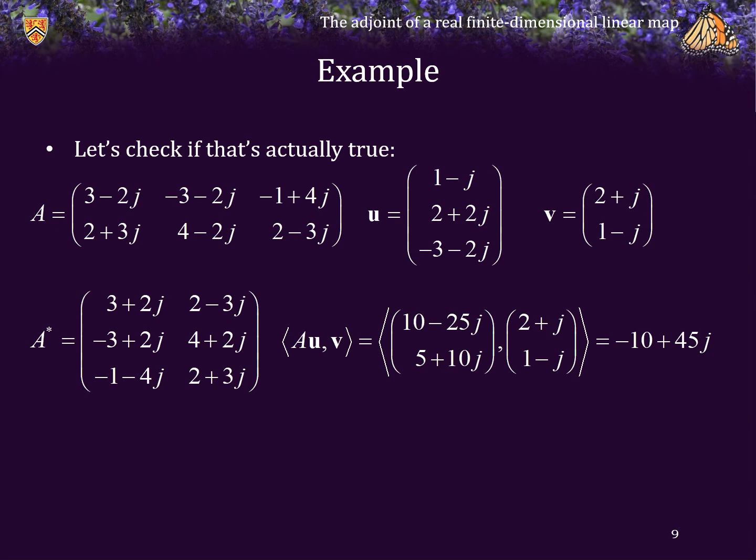Notice there's no conjugates at this point. Matrix vector multiplication does not involve the conjugate.